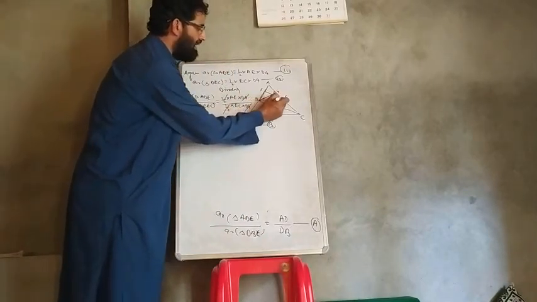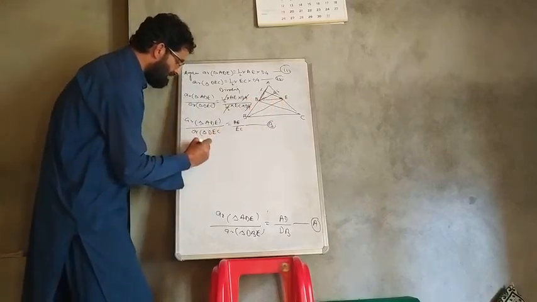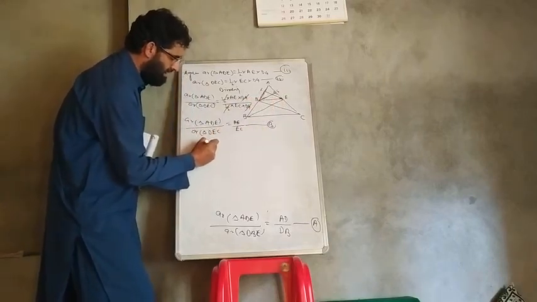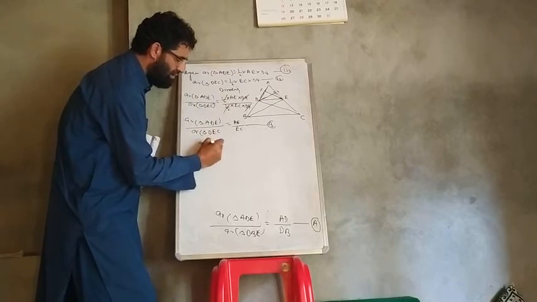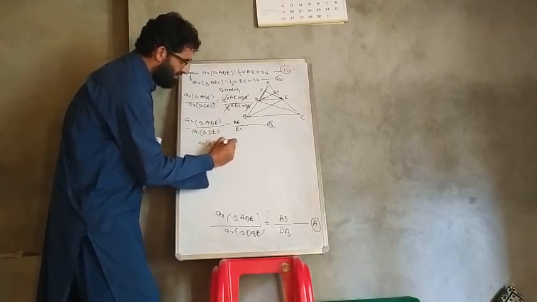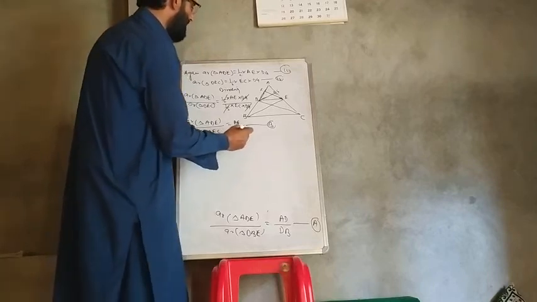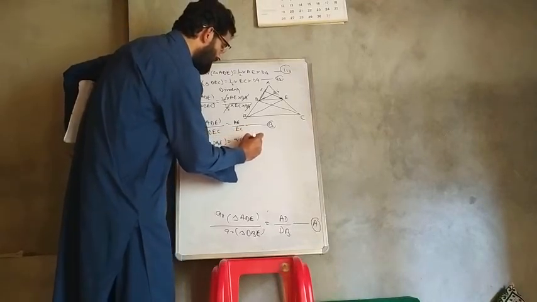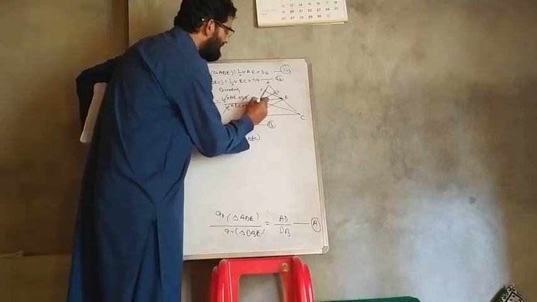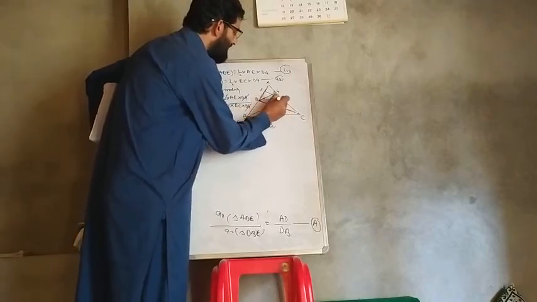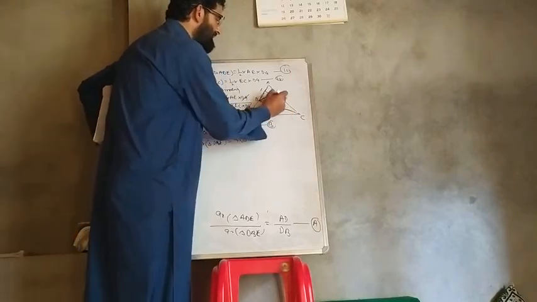They are also equal because we know, we write here, area of triangle DBE is equal to area of triangle DEC. Why? These are the two triangles DEC and DBE.